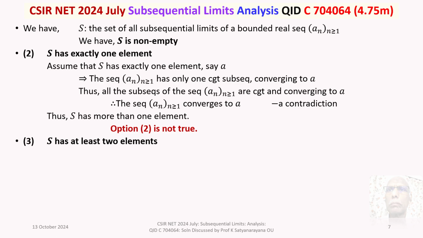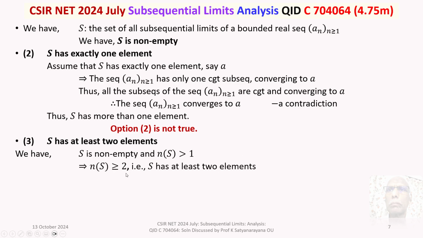So S is non-empty, and N(S) is greater than 1. Therefore, N(S) is greater than or equal to 2. That is, S has at least two elements. Thus, our option 3 is true.